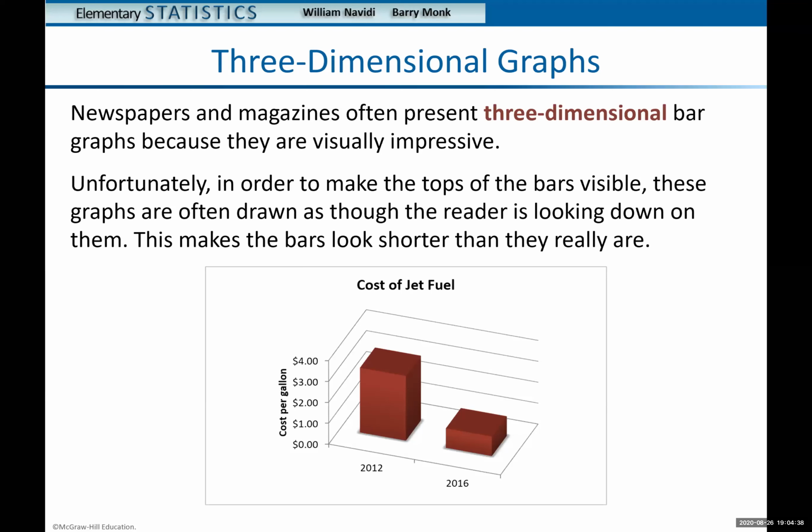Unfortunately, in order to make the tops of the bars visible, these graphs are often drawn as though the reader is looking down on them. And this makes the bars look shorter than they really are. As you can see here, let's say the cost of the fuel. If you look at the top view, this one looks so small, right? So they may look shorter than they really are.